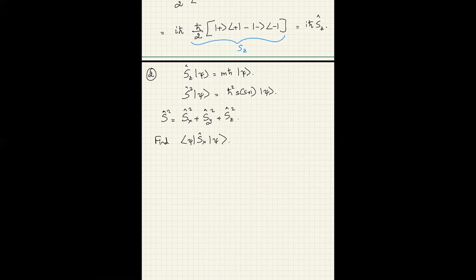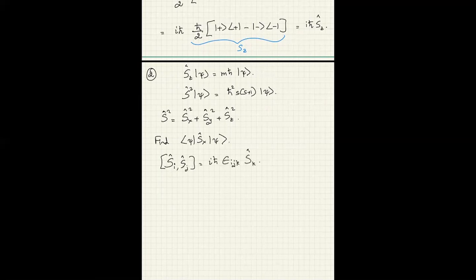Let me start by using one of the commutation relations, or rather the most general commutation relation: [Si, Sj] equals i h bar epsilon i j k Sk.